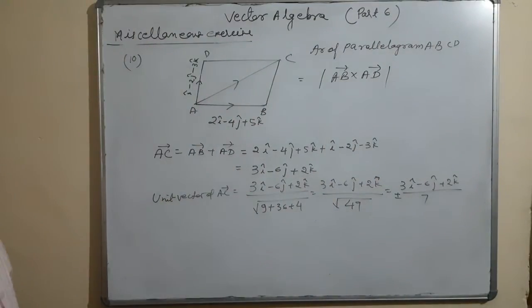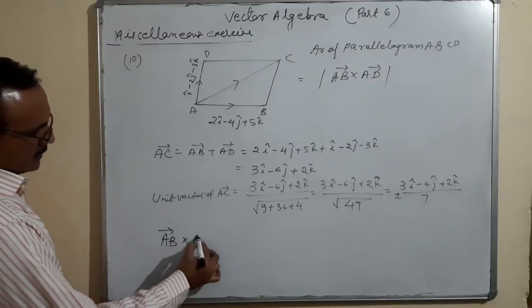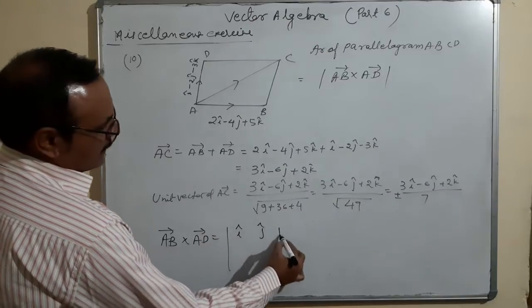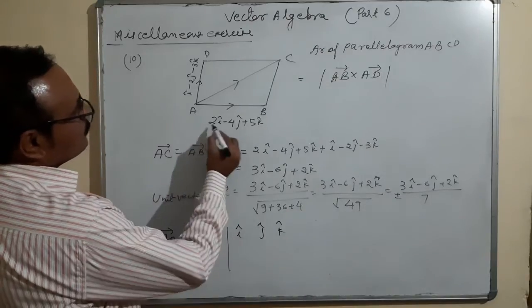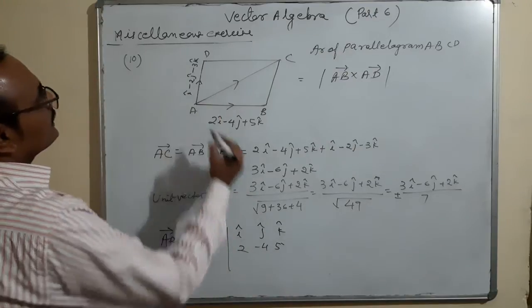To find AB cross AD, it is equal to the determinant: i j k, 2 minus 4 5, 1 minus 2 minus 3.